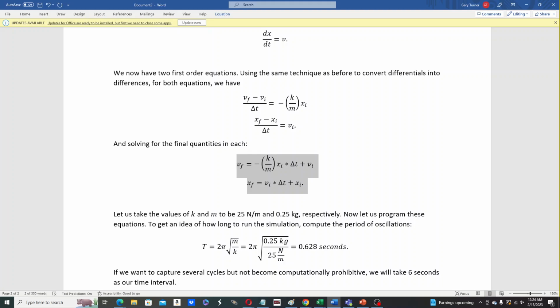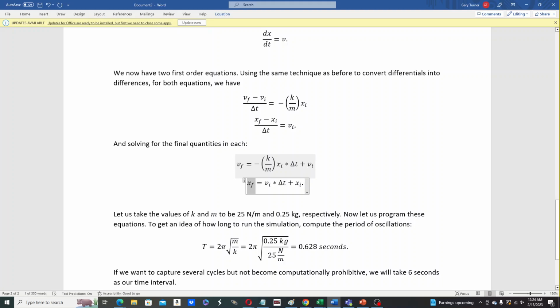Okay. Now, once again, these f's in the equations are not final quantities of the entire motion. They're the final quantities after each individual step of the process, right?